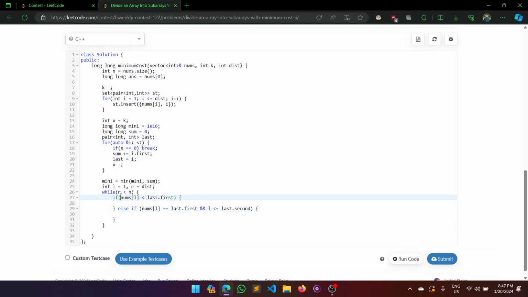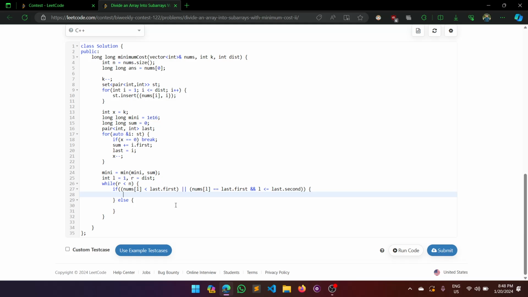So we can merge these two conditions, because the logic that we're going to write into both of them is going to be the same. If that one is excluded, then we'll remove it. Nums of l.